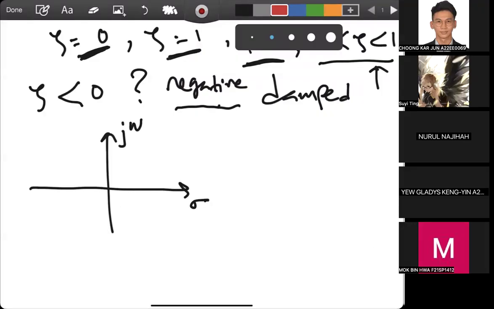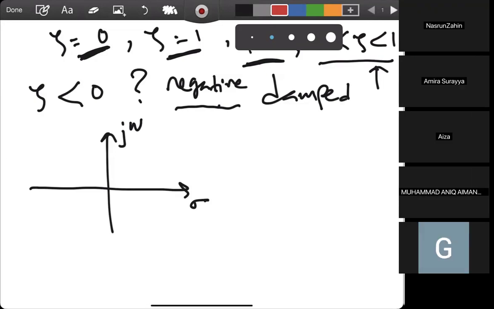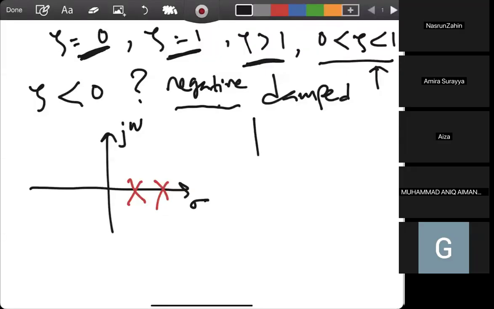No idea? Student: At the positive side. At the positive side, correct. Very good.